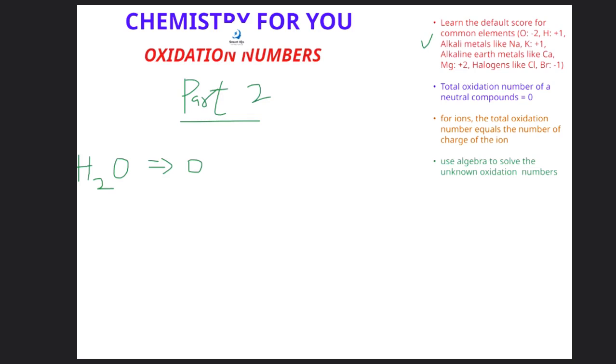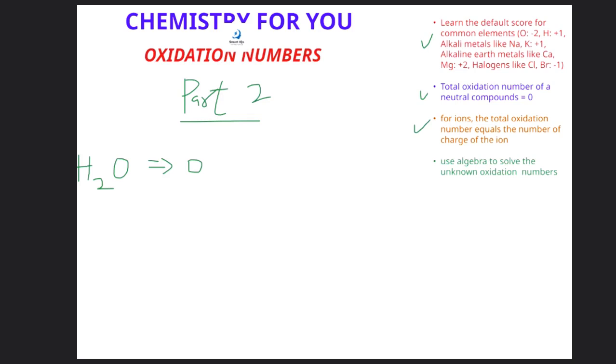The next thing you should find out is that the total oxidation number of a neutral compound is always equal to 0, and that's the question we want to verify now. How is it going to be equal to 0? We'll verify that shortly. The third thing you must take note of is for ions. The total oxidation number will always be equal to the charge of that particular ion.